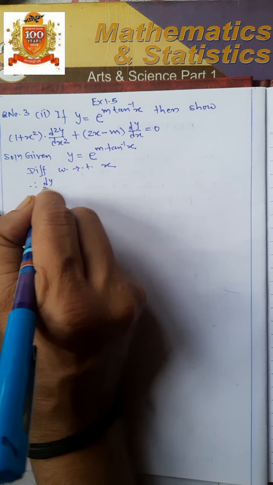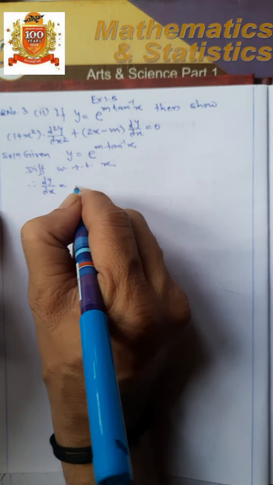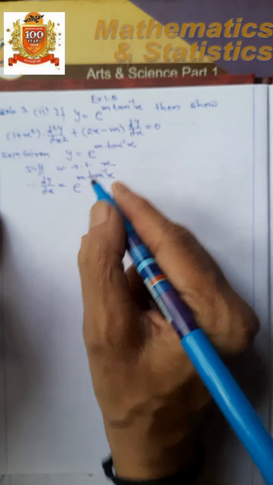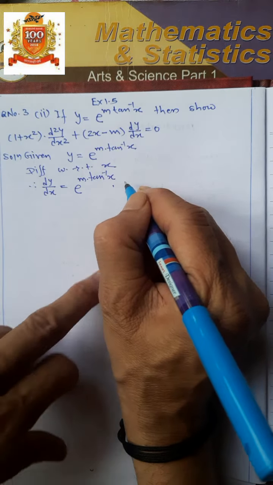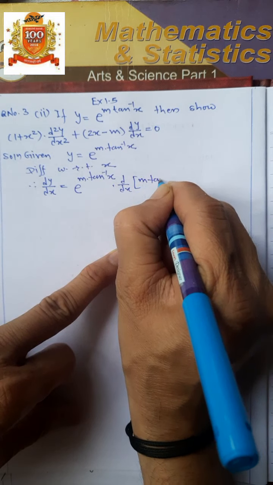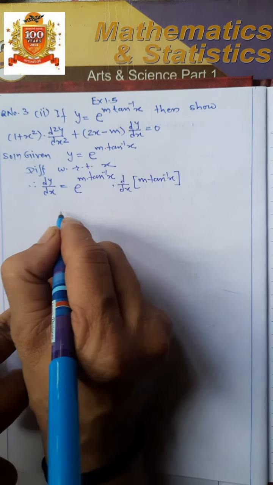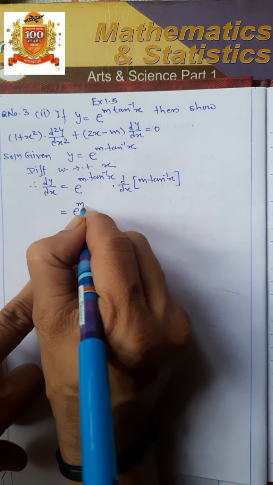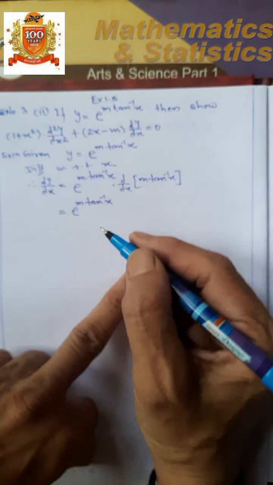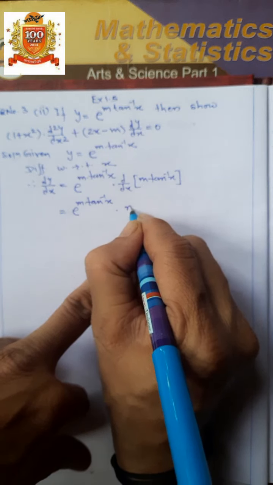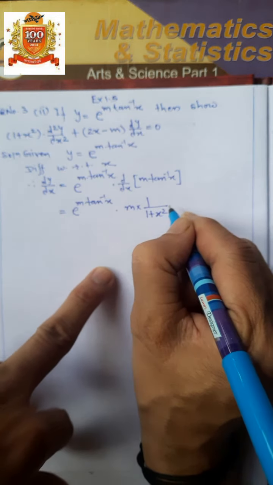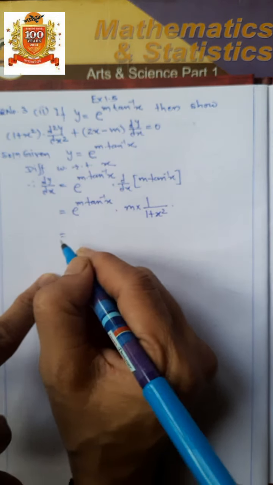Therefore, dy by dx is equal to e raised to power m into tan inverse of x into d dx of m into tan inverse of x, which is equal to e raised to power m tan inverse of x into m into 1 upon 1 plus x square, derivative of tan inverse.